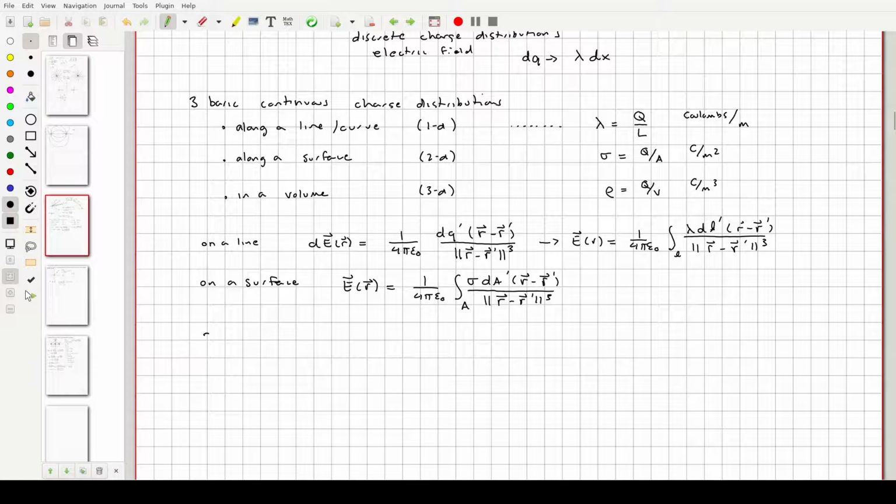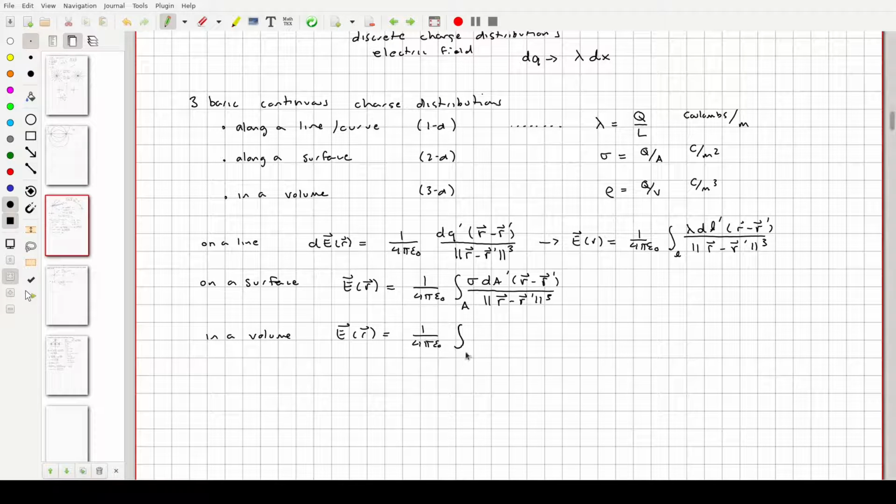Now, in a volume, E of R looks like 1 over 4 pi epsilon naught.